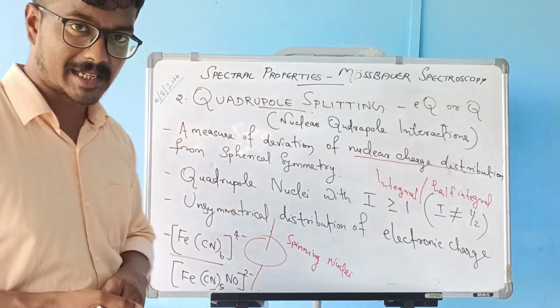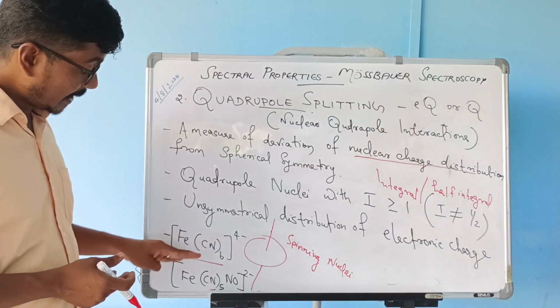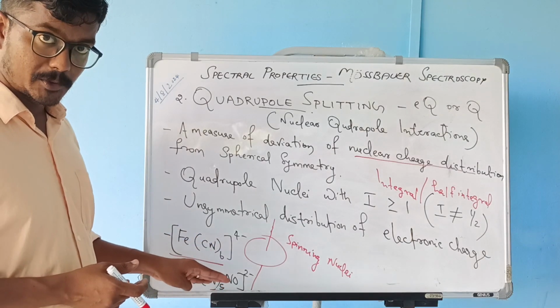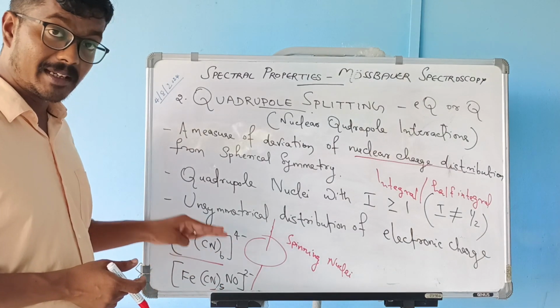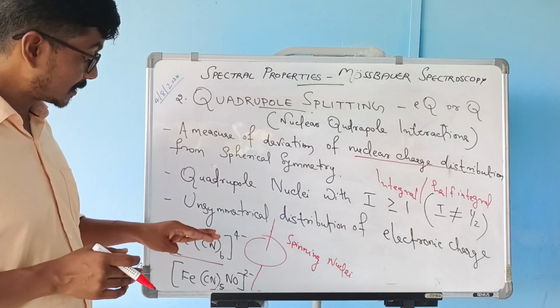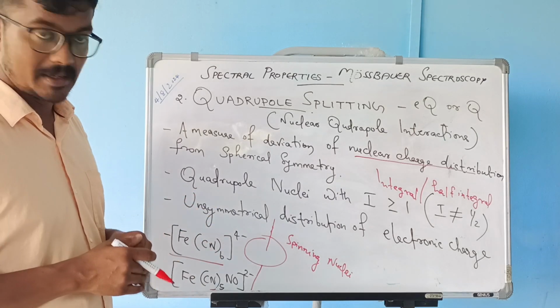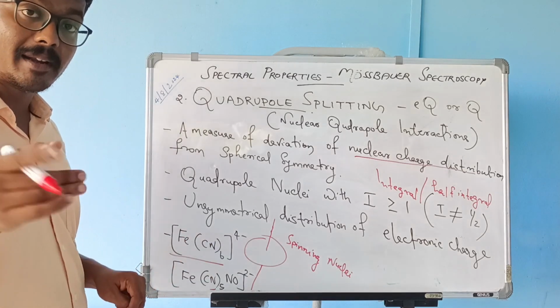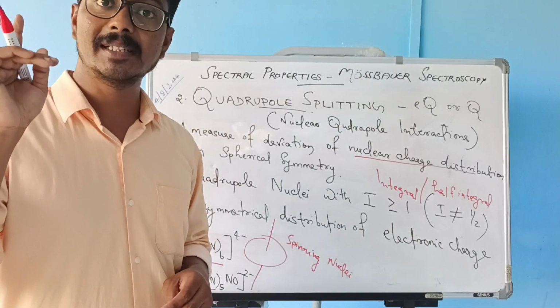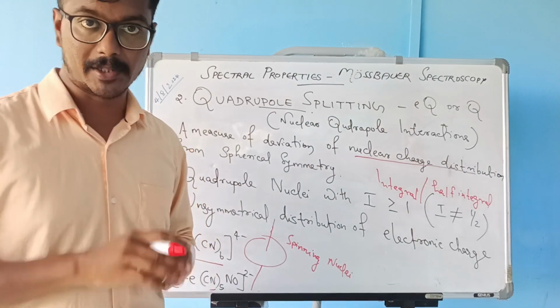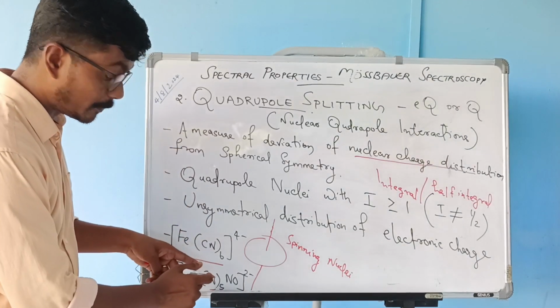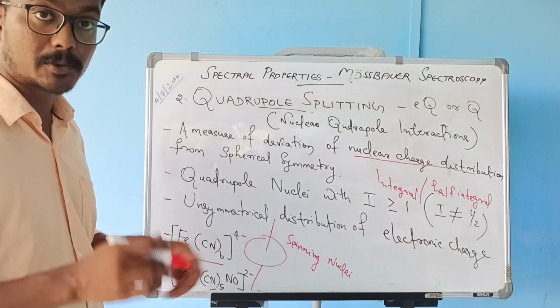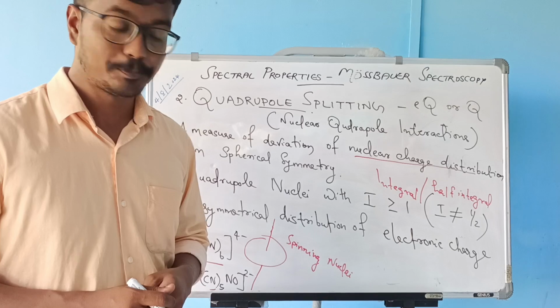Let me repeat with the example again. In the case of the iron complex Fe(CN)6, the ligand electronic distribution is symmetrical because all the ligands are the same. If one of the ligands is replaced by another ligand, the electronic distribution is entirely different. So the cyano group is replaced by a nitrosyl or nitro group.